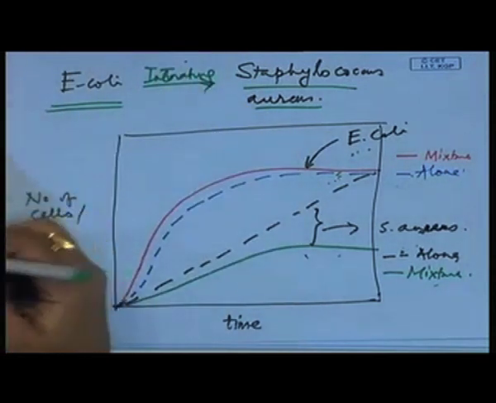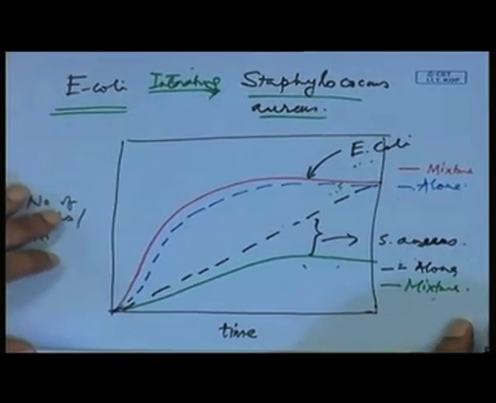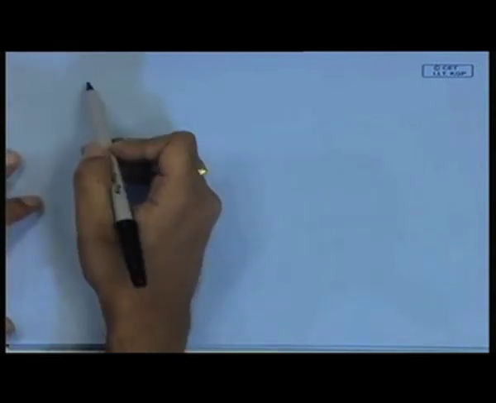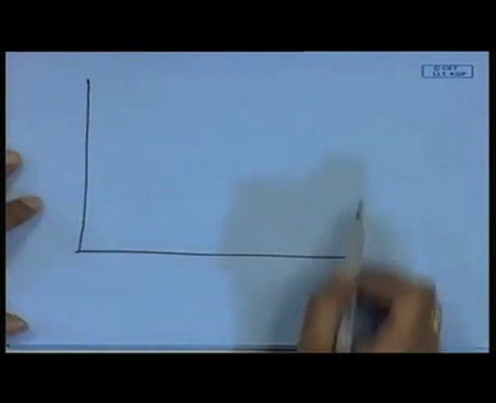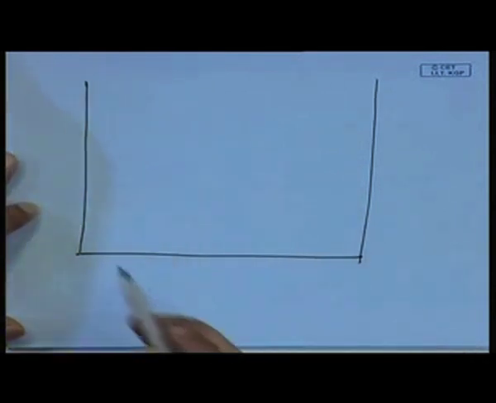Now, what we need to do is come up with a model of these kinds of prey predator models. So, I want to give you another example. This is one example. The other example that I want to give you is this: a protozoa versus a bacteria. Okay.